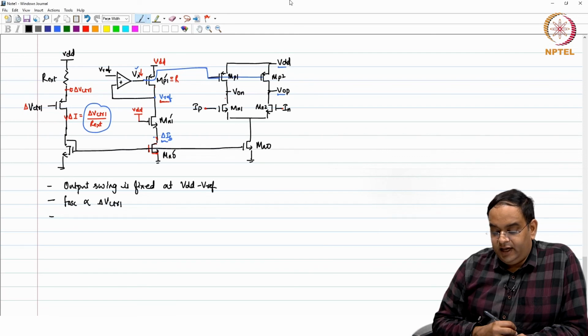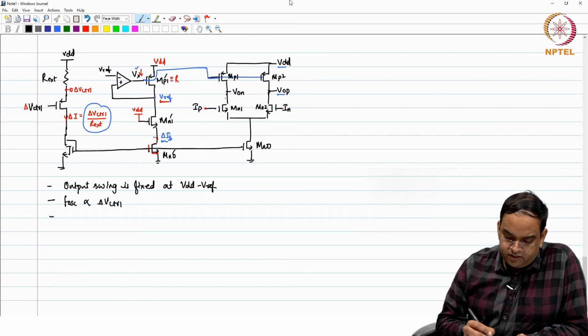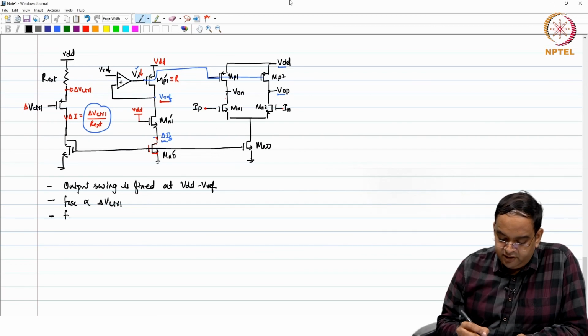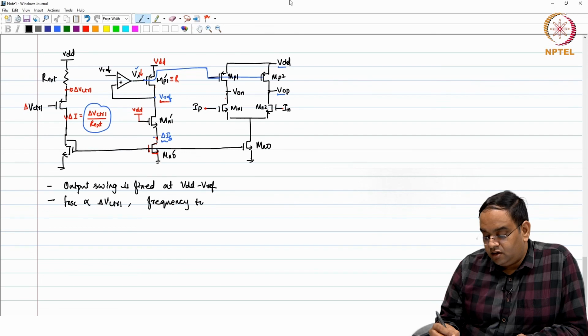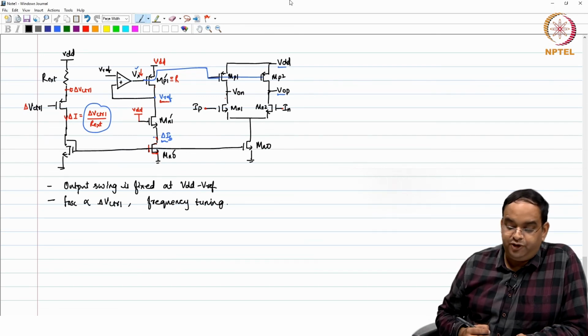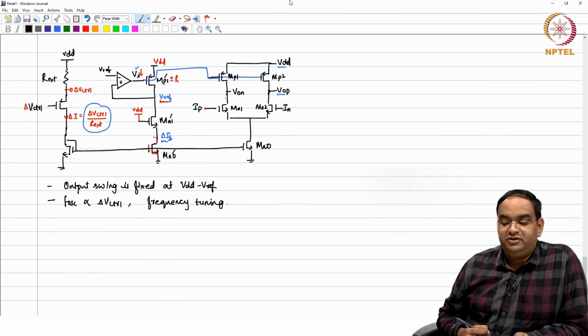This is frequency tuning. So, depending on what control voltage you use, you can change the output frequency. Okay. Thank you.